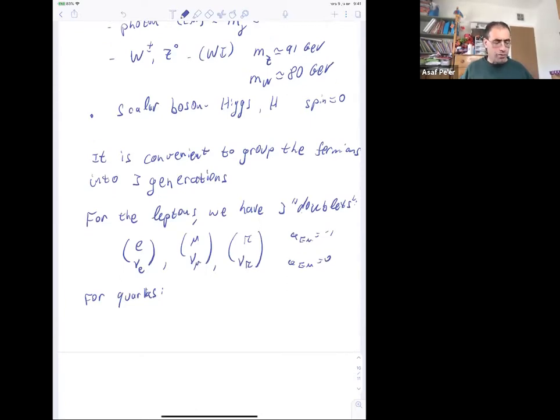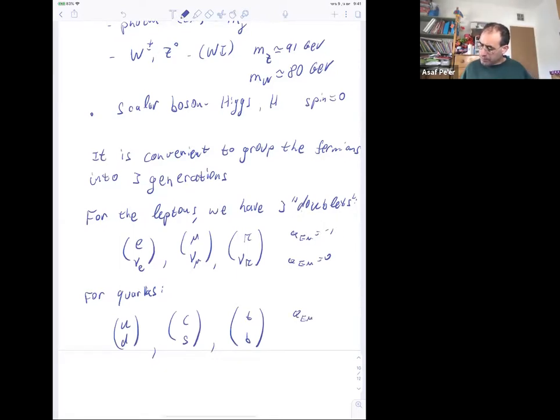For the quarks, the doublets would be up, down, charm, strange, and top, bottom. Right. Where the charge of the up-type quark is 2/3, and that of the down-type quark is -1/3.